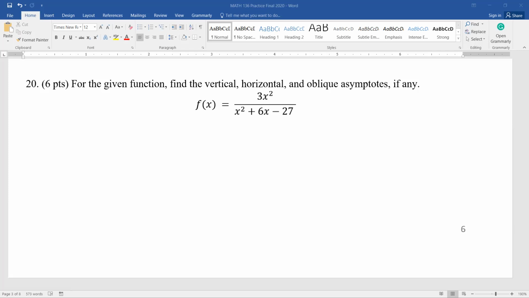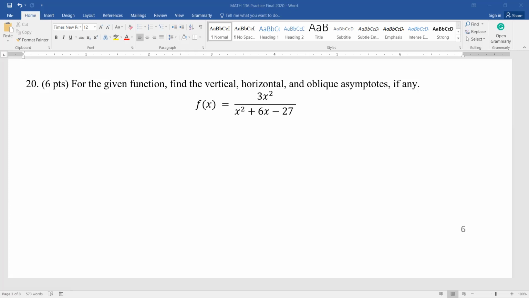So take a moment, pause the video, and see if you can factor this quadratic. Hopefully you paused the video to find out your two factors were x minus 3 and x plus 9. That means wherever these two factors equal 0, we will have a vertical asymptote.